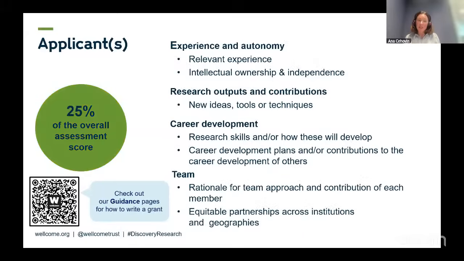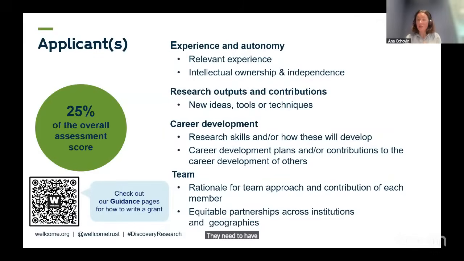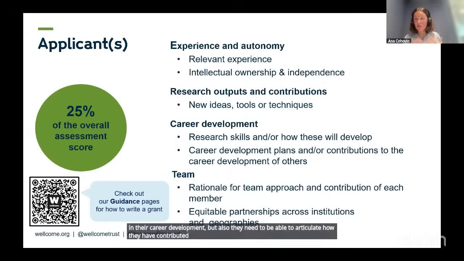For the applicant, what we expect is relevant experience, depending on which award they apply to. They need to have a certain level of independence and a certain level of contributions to science in their field. They need to be able to articulate how this award is going to help them in their career development, but also how they have contributed to the career development of others.